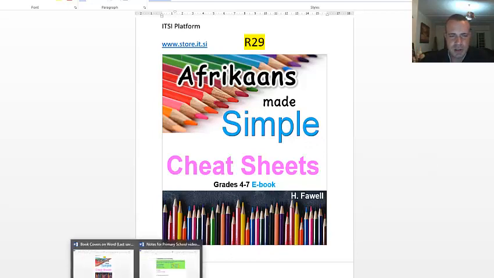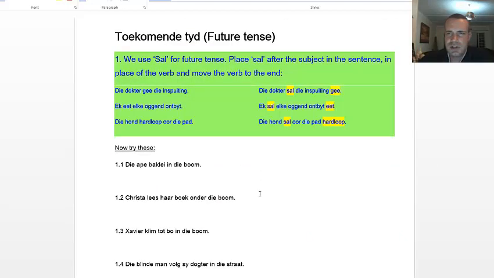That's enough of that. Let's get into the future tense. Okay, so you'll remember that when we did past tense, we used the verb het. That was your verb 1, and het is a past tense marker. It's something that tells you that we are now in the past tense.